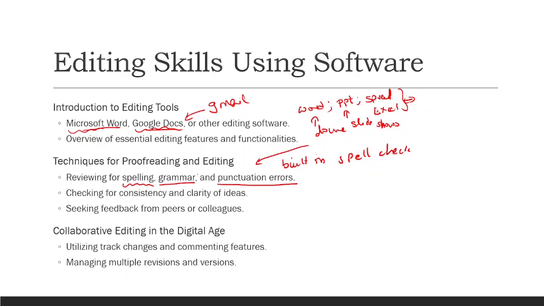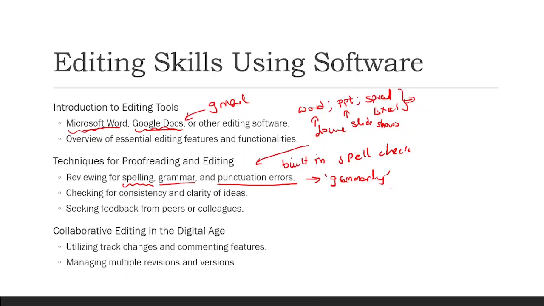Now, to help you correct grammatical errors and punctuation errors, there are specialized softwares. One example is Grammarly, which you are free to use. You can just download and install a package on your computer.